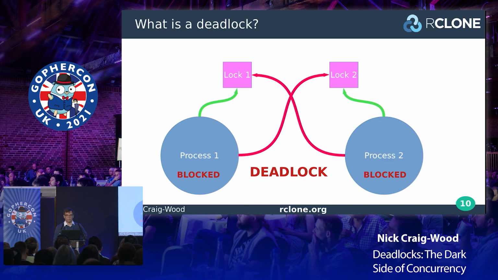This is unsuccessful because lock 1 is taken by process 1, so process 2 blocks, waiting for it to be released. Now process 1 and process 2 are blocked. They will never proceed, as each one is waiting for the other to release a lock. These two processes are now deadlocked. This means that some part of your program has stopped working, and it will never work again.